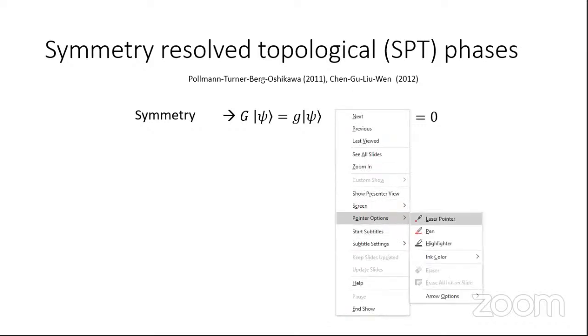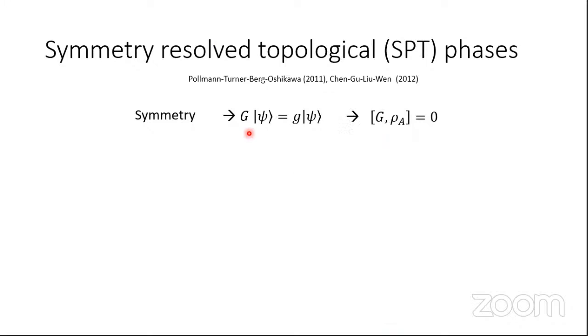A symmetry is an operator that commutes with the Hamiltonian. If there is an operator that commutes with the Hamiltonian, you can always find the ground state, the eigenstate of the Hamiltonian, in a way that it is also an eigenstate of the symmetry operator. You can diagonalize together the Hamiltonian and the symmetry.